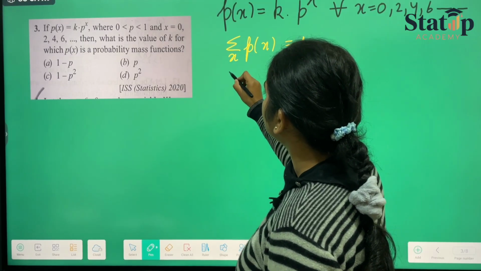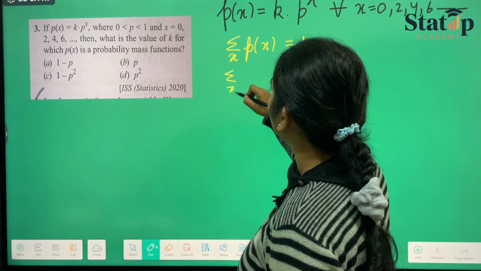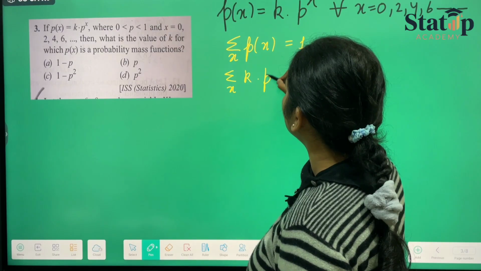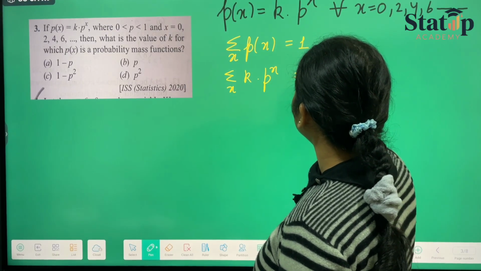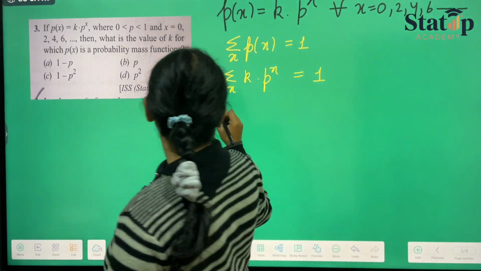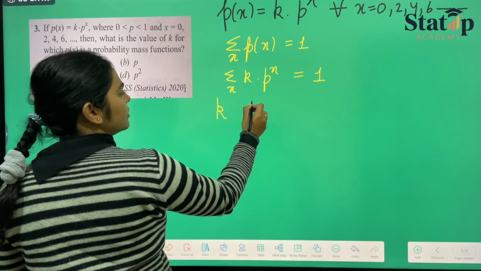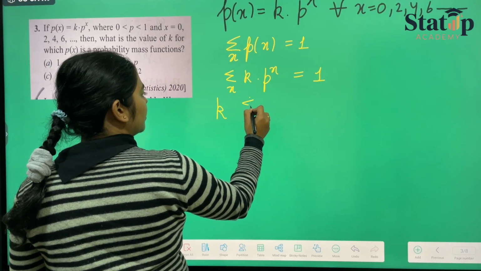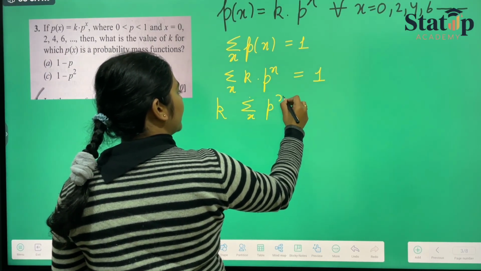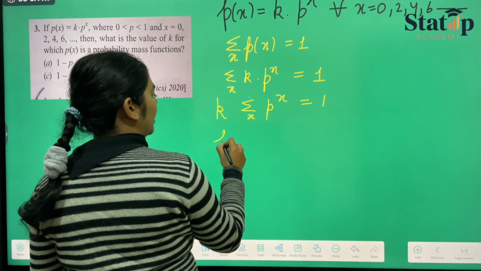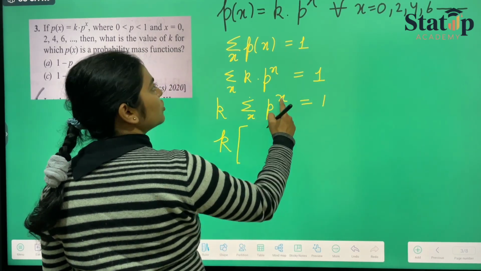Summation over x of k p raised to the power x is equal to 1. If I take k outside, then it will be k times summation over x of p raised to the power x, which equals 1.